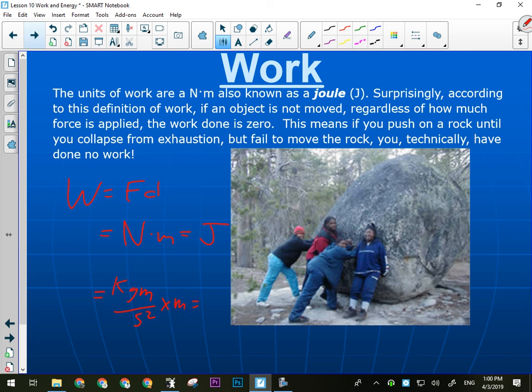Multiply that by meters, we get kilogram meters squared per second squared. Those are the fundamental units for a joule, a kilogram meter squared per second squared, or a newton meter, or just write J because it's joules and that's easier. But you do still need to know the fundamental units there. All right, questions on the units?